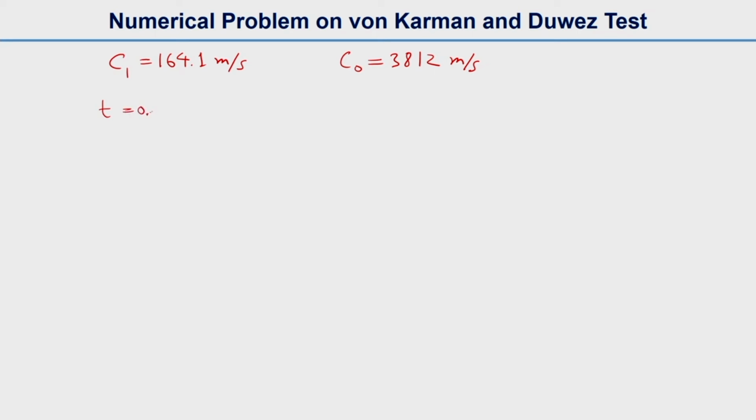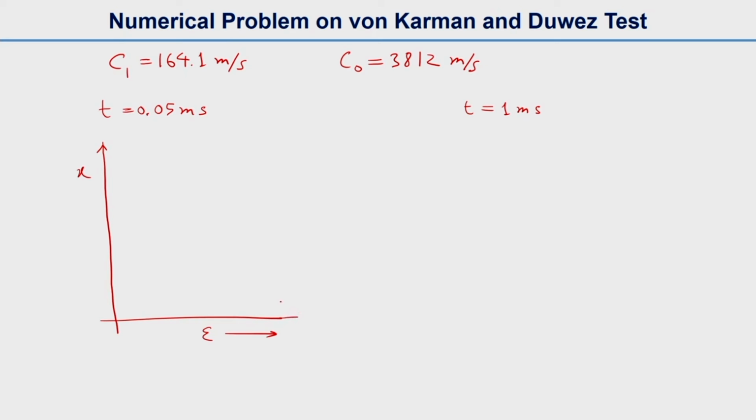First one is for 0.05 millisecond and the second one is time equal to 1 millisecond. For the wave profile, as we know, the x axis will be epsilon and the y axis will be x.